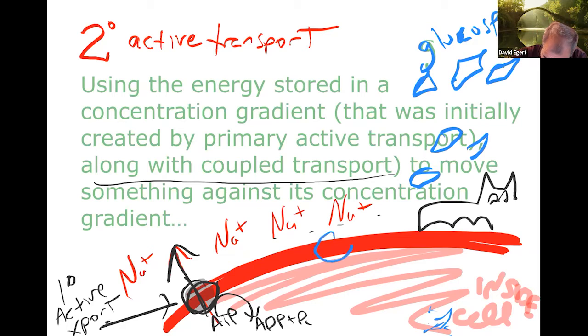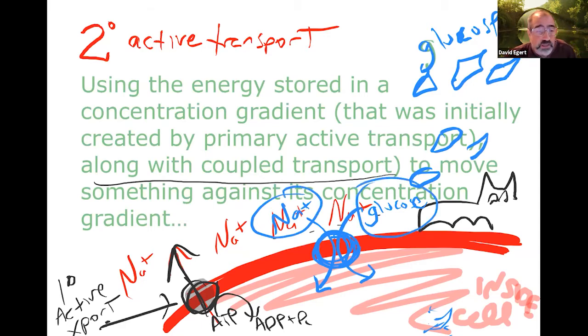What I can do is use a symport that couples the movement of glucose and sodium. It lets sodium in, but it only lets sodium in if glucose comes along with it. So what's going to happen is the sodium wants to come in, and then a glucose bumps in and binds in its little spot here, and bing, they get dumped onto the other side.